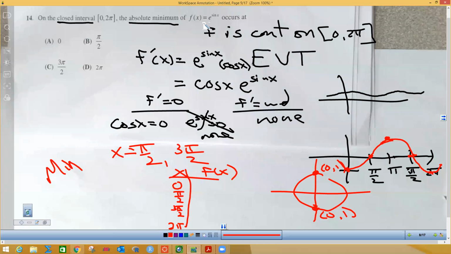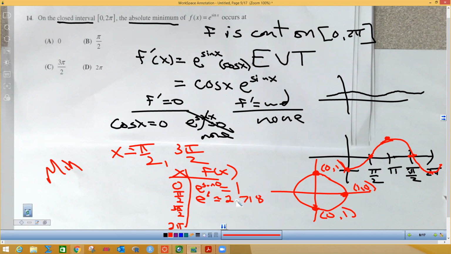So I'm going to plug those into my original function. So this is e to the sine of 0. Well, 0 is right here, and the sine is the y value, which is 0. So e to the 0 is 1. Then pi over 2 is up here. So e to the sine of pi over 2 is e to the first. You need to know that this is approximately 2.718.